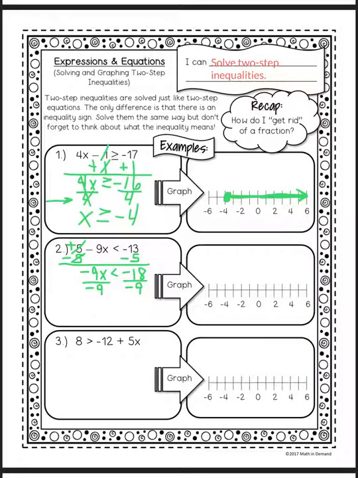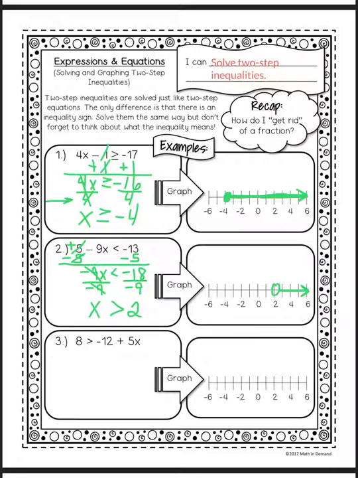As soon as I say that to myself, I need to flip the inequality. The 9's cancel out. X is now greater than 2. There is no equal sign here, so it's going to get an open circle on 2. And x is greater than, so we color to the right.